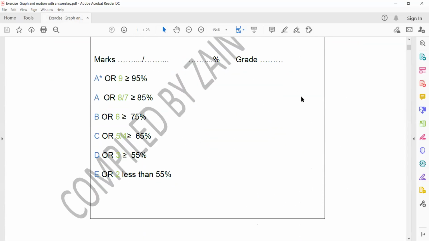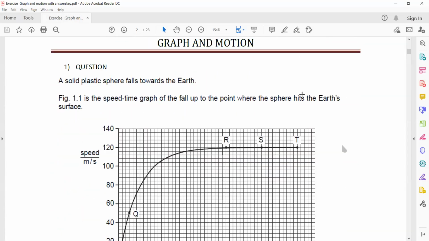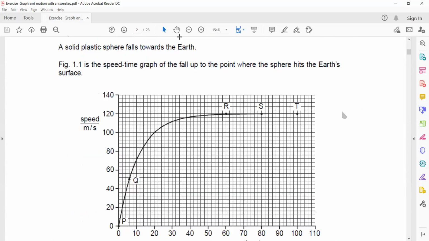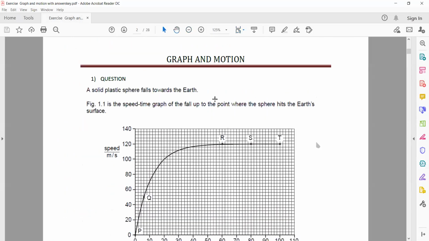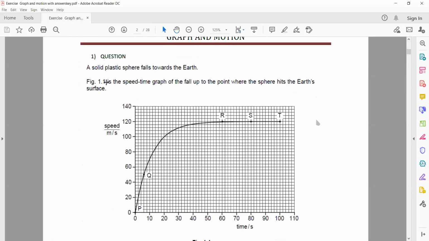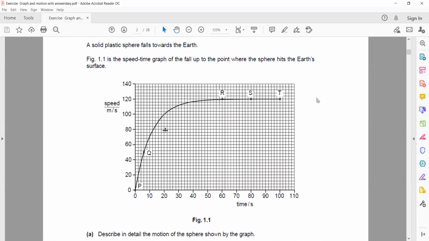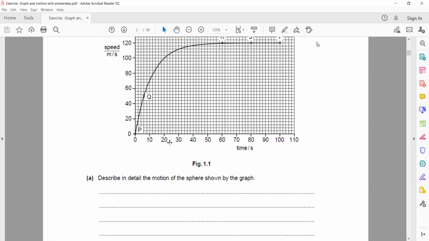Graphs and motion. A solid plastic sphere falls towards the earth. Figure 1.1 shows a speed-time graph of the fall up to a point where the sphere hits the earth. Describe in detail the motion.